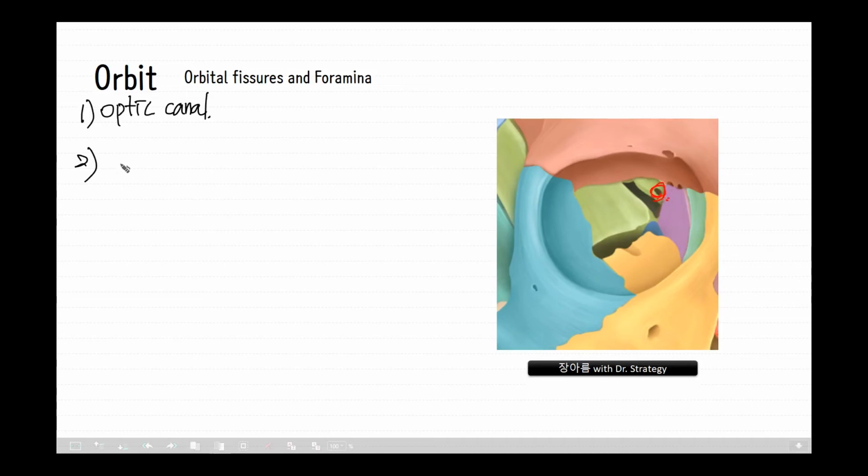And number 2, superior orbital fissure. Here. And number 3, inferior orbital fissure.